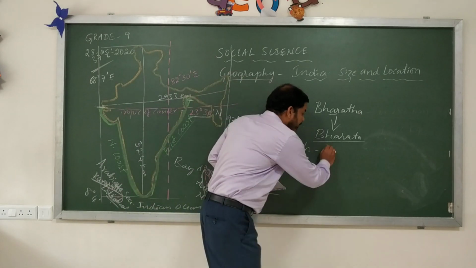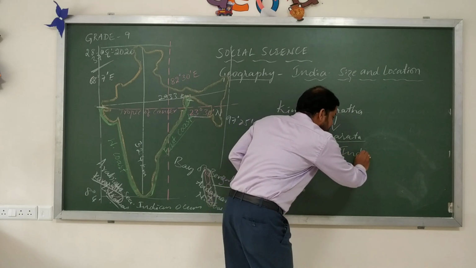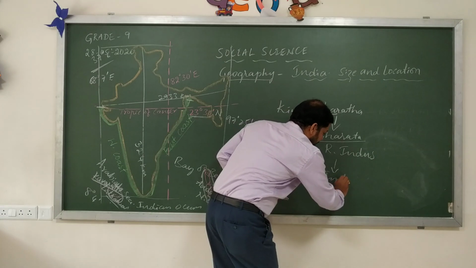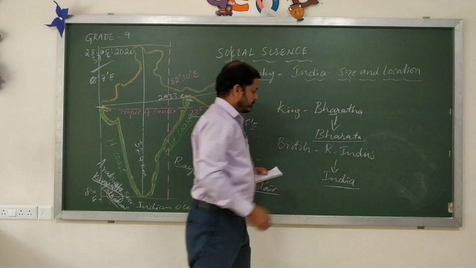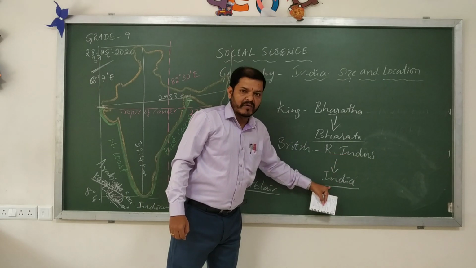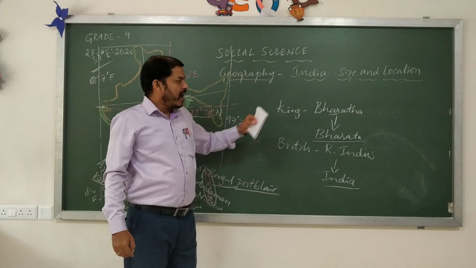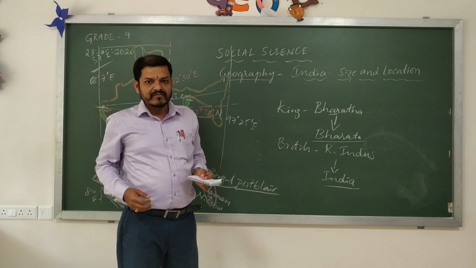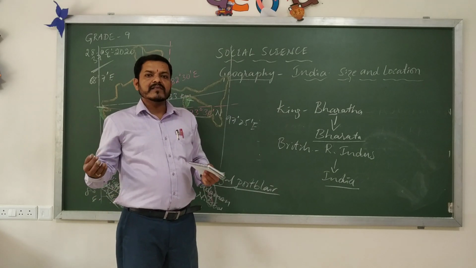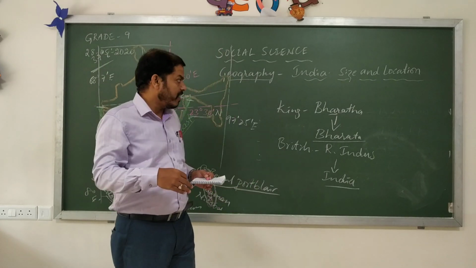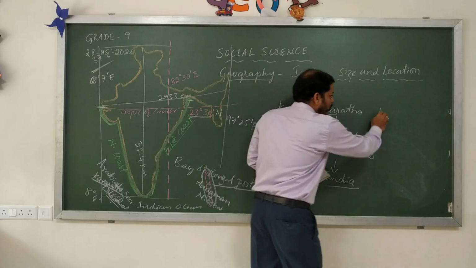Due to the river Indus, it came to be known as India. And another name we call India is Hindustan. Why do we call it Hindustan? Because the majority of the population here is Hindu, so we call it Hindustan too.